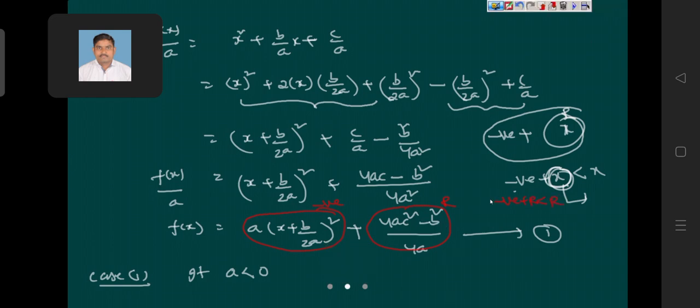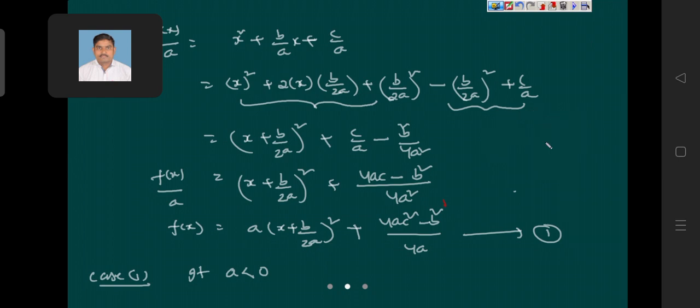So from this we can conclude that the entire equation 1 value becomes less than or equal to the second value, (4ac minus b square) by 4a.